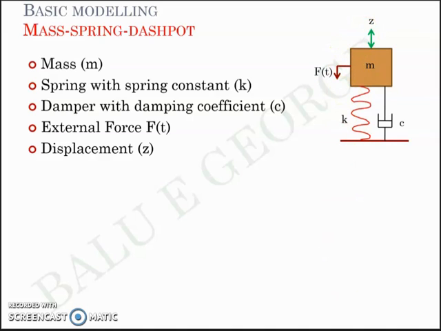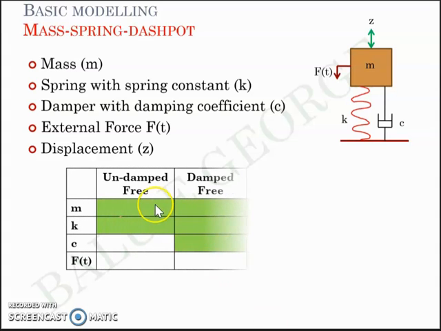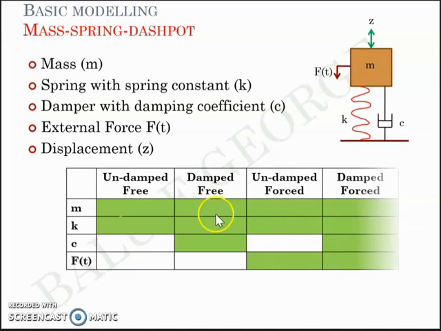Now based on these five parameters, you can classify any vibration into four: undamped free, damped free, undamped forced, and damped forced. Let's take the first one. Undamped free vibration means that there is a mass, there is a spring constant, but it's undamped, means there's no damper system there.